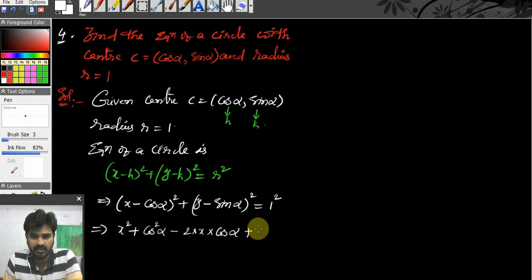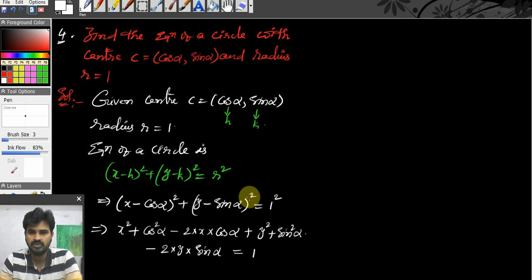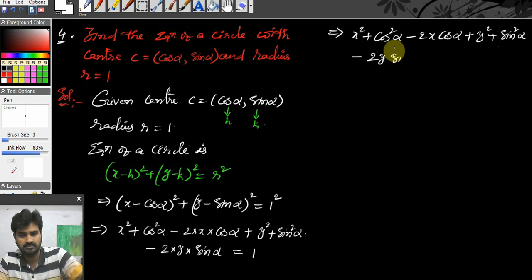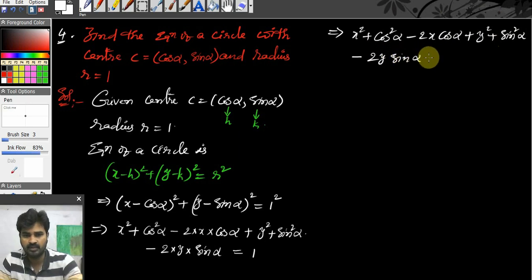The same way here, y square plus sin square alpha minus 2 into a into b, that is 2y sin alpha, is equal to 1 square, which is 1. Bring the minus 1 value from right to left.